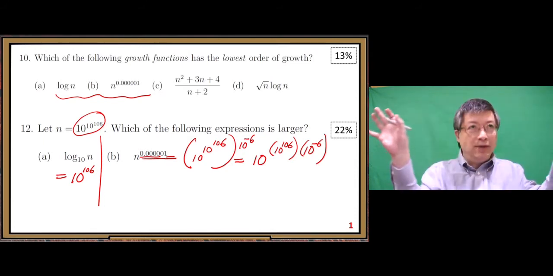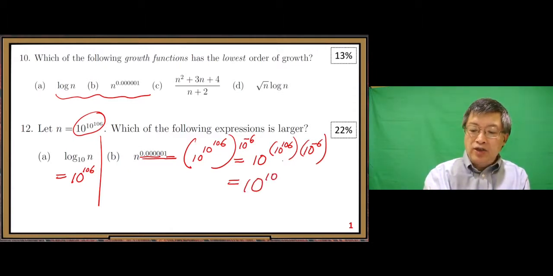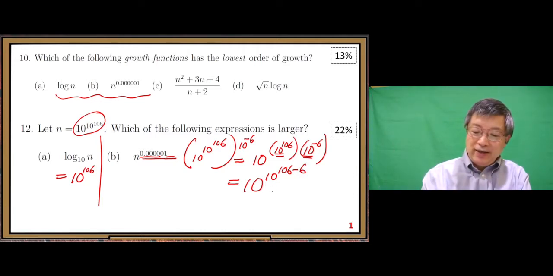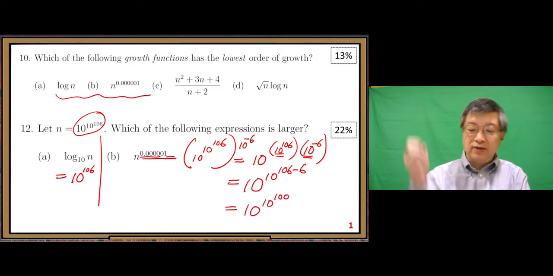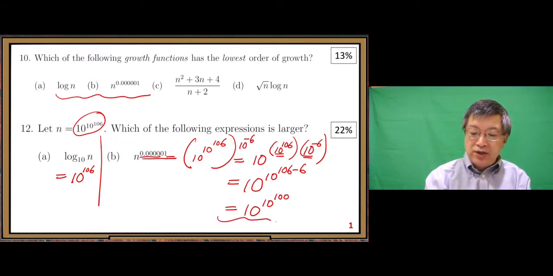Let's simplify it: 10 to the 10, same base. 106 minus 6. Then we simplify another time, 10 to the 100. At the end, let us compare these two numbers.